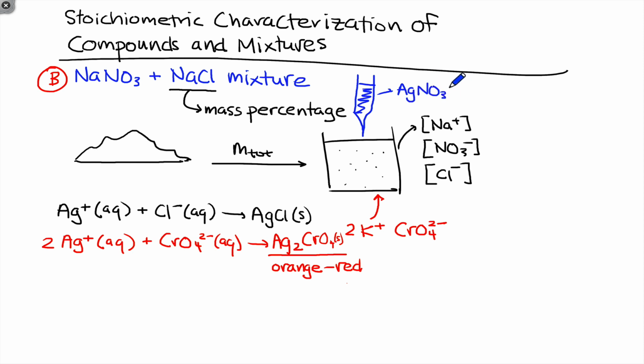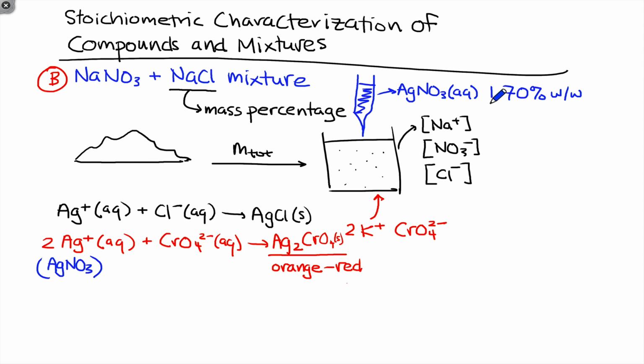And the reason is we don't need to add that much, and the concentration of the silver nitrate solution that we're going to use to add silver cation is listed in units of weight percent, specifically 1.7% by weight. And so what we can do is mass the beaker with the solution in it initially, add titrant until we reach the endpoint, until we see this orange-red precipitate, and then mass the beaker again with the titrant in it to determine the mass of titrant added.